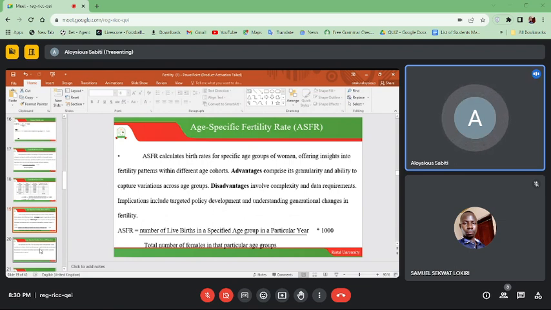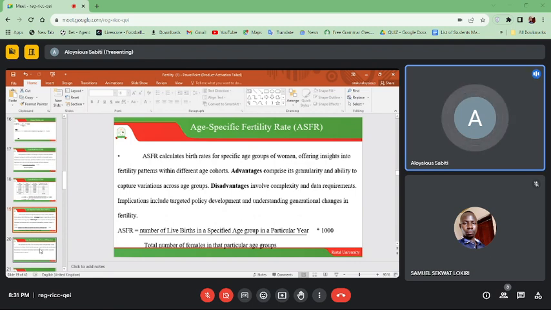It is a bit complex in its requirements. When you're looking at the number of live births, you have to look at a specific age group. It does not generalize, it looks at age-specific births. To calculate the age-specific fertility rate, you look at the number of live births in a specified age group in a particular year.